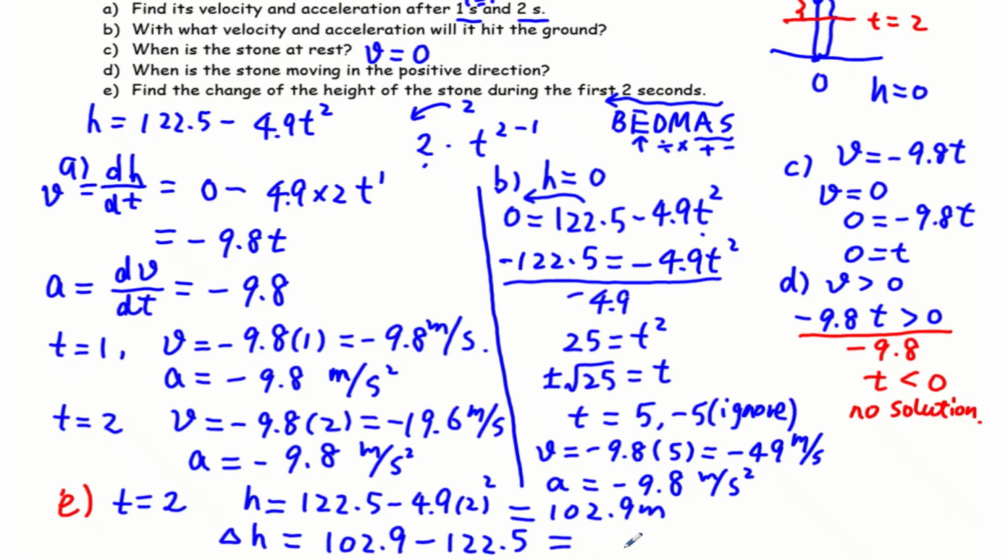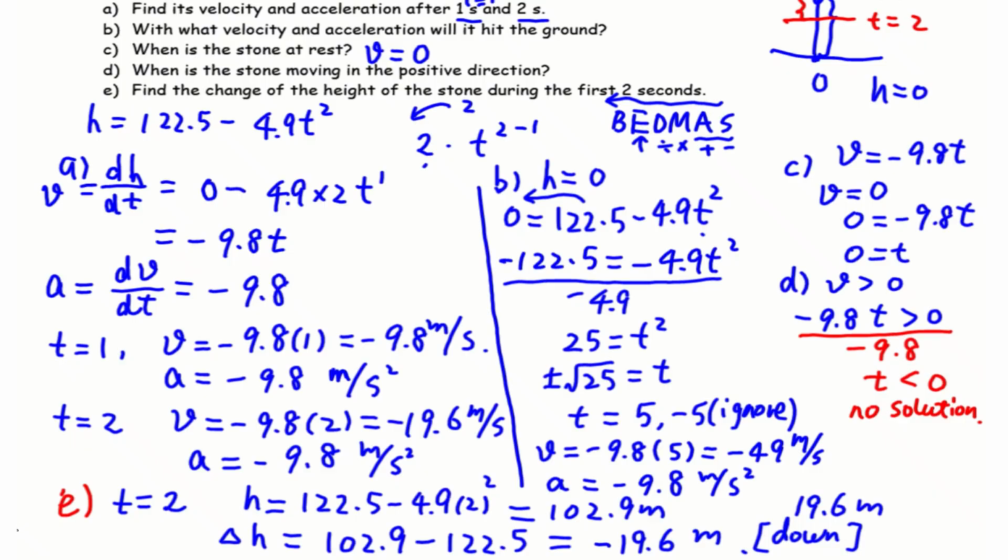That is when t equals 0. So it will give you negative 19.6 meters. So the change of the height is down 19.6 meters.